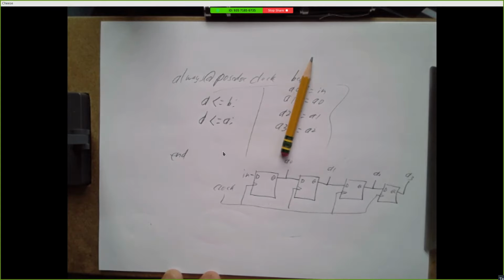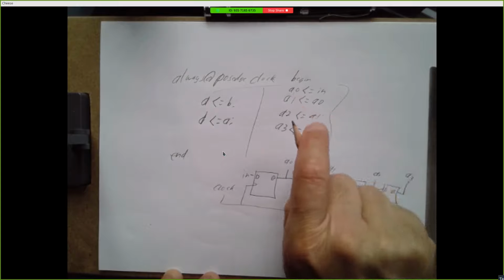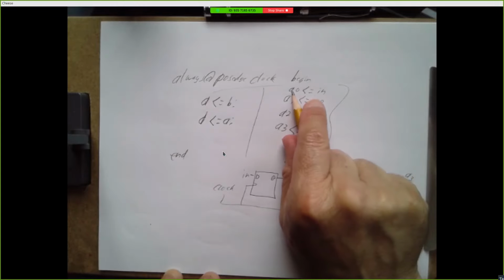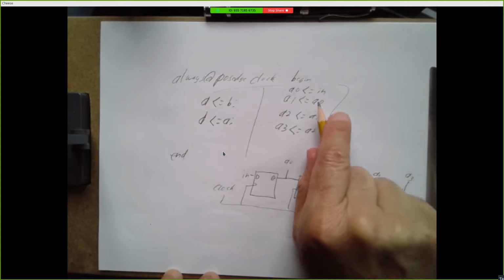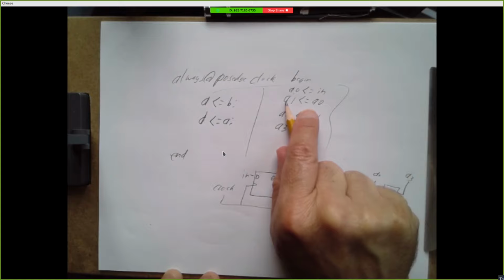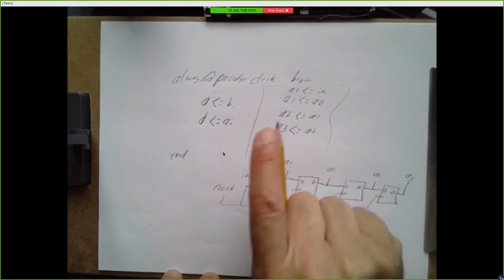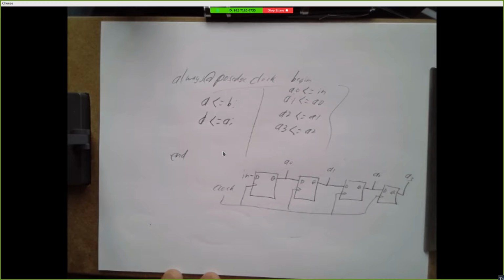Because when you do a plain old equals sign, it does not execute these statements in parallel. It executes them sequentially. So if you just said equal, then in would get copied to A0, and then that value, which was in, would get copied to A1, and that value, which is also in, would get copied to A2, and all of these would end up being the same.